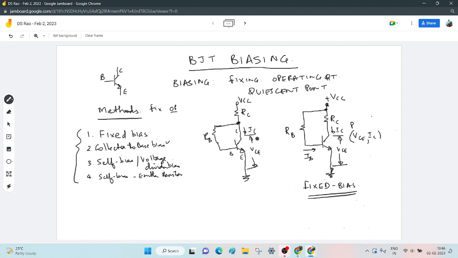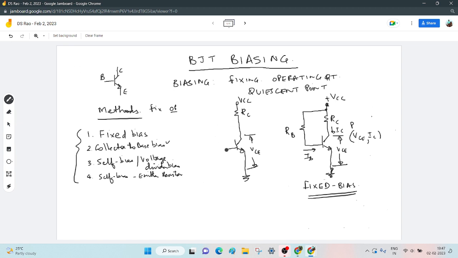Mathematical analysis will come afterwards. So I will draw this circuit in a slightly better way so that you understand. I will simply remove this and draw.